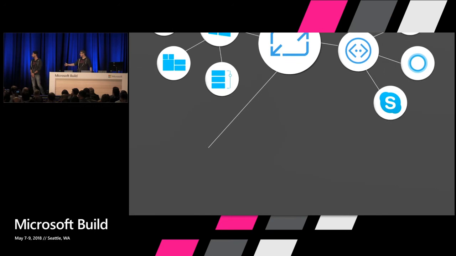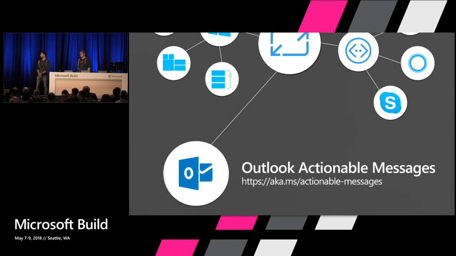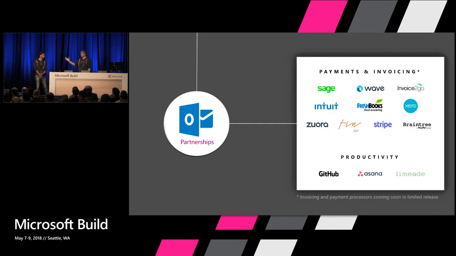And of course, I'm going to insist again, this Build conference this year is our big announcement for Outlook Actionable Messages with adaptive cards. So it's, again, available right now. This is the URL where you need to go to look at our documentation. And I also want to outline that we have quite a big set of partners that are immediately going to jump on actionable messages with adaptive cards in terms of productivity.